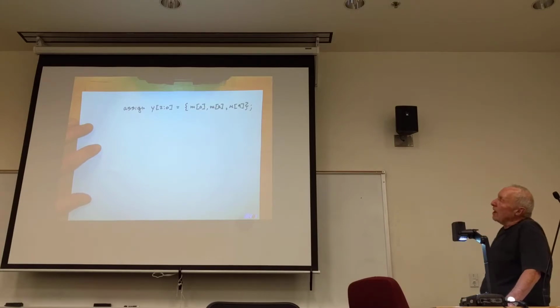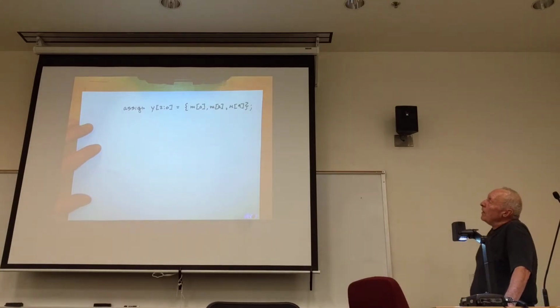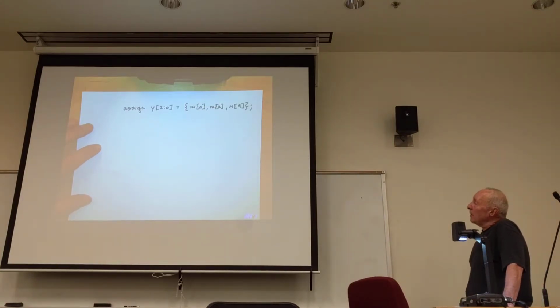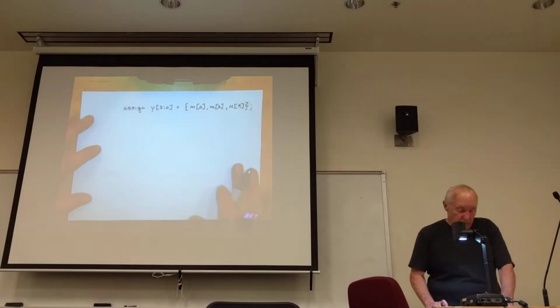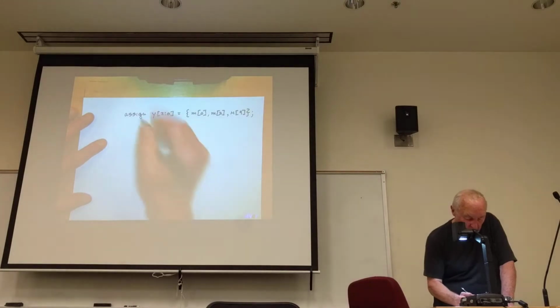Okay, so I've got some vector M. I'm going to take bits 0, 2, and 9 out of that, concatenate them together, and that's going to form the 3 bits out of Y. Now, just to complete this, let me do the following declaration.